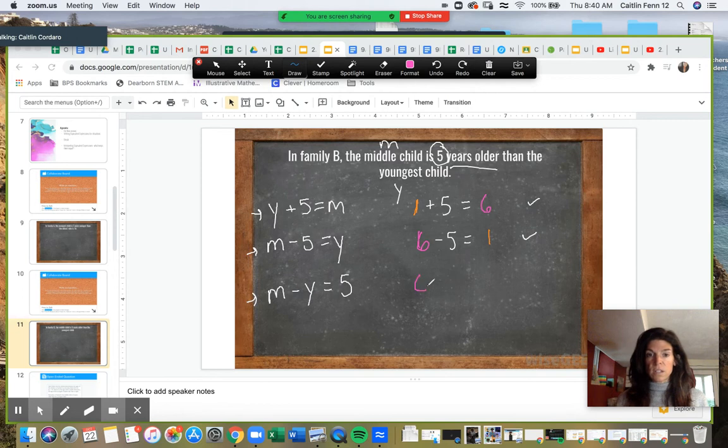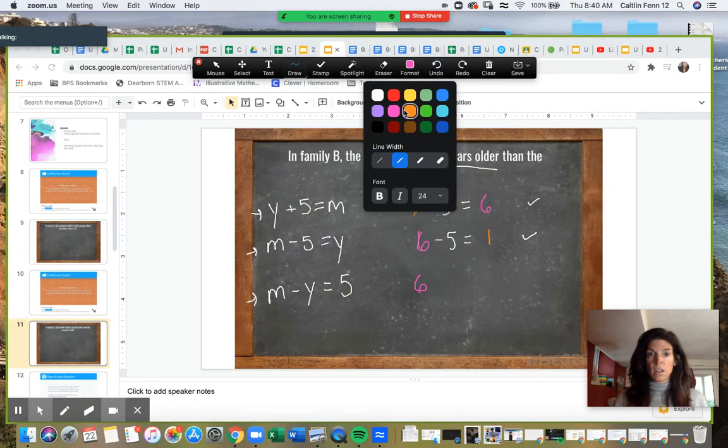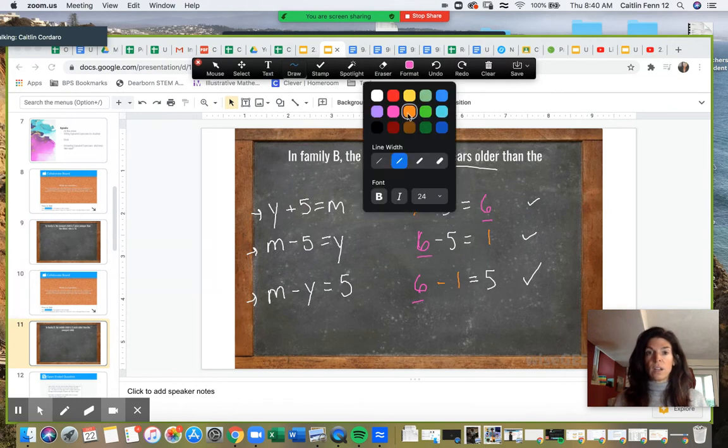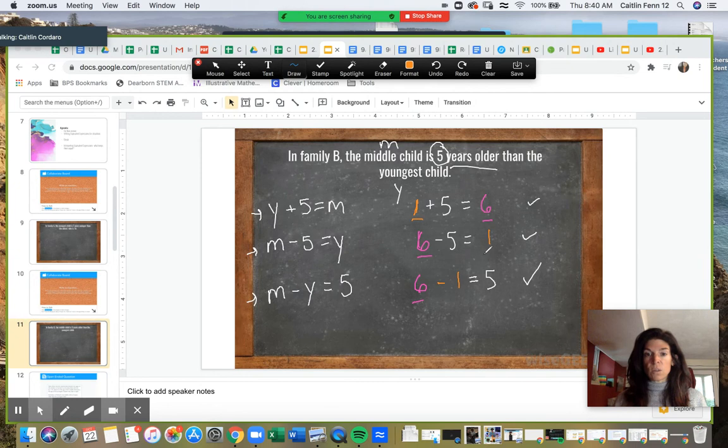Okay, so then last one, let's take the middle child's age. If the middle child is 6 and the younger child is 1, will it equal 5? Yeah, so the older child at 6 and the younger child at 1 makes all of these equations true. It has the same solutions.